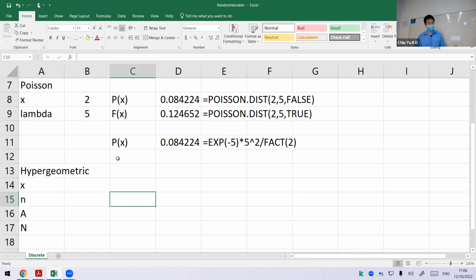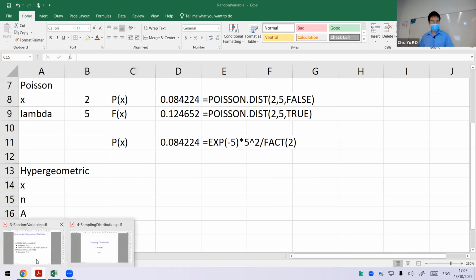Remember what hypergeometric is. Out of big N items, you have a of them that are good, or success. N minus a are called failures, or not success. And what you do is draw small n items. You ask, X as a random variable is how many of them are successful.